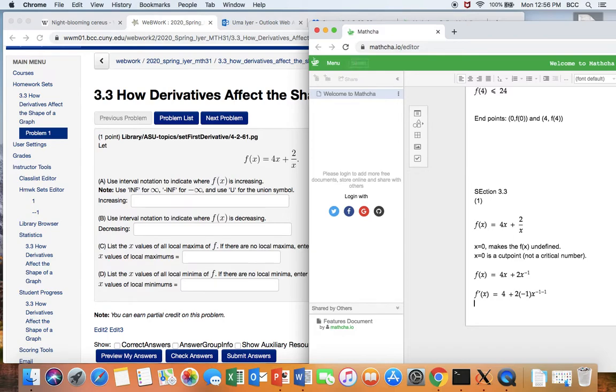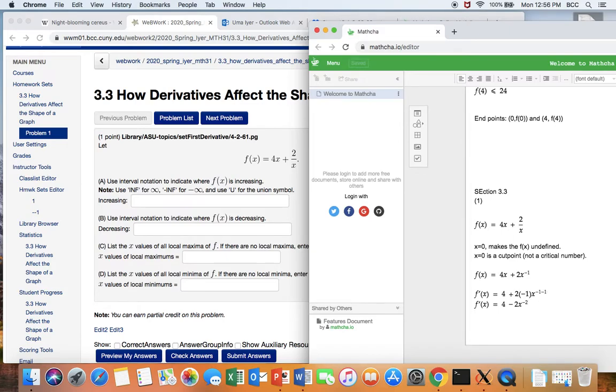So this resolves to f prime x equals 4 minus 2x to the power minus 2. All right, minus 1, minus 1.